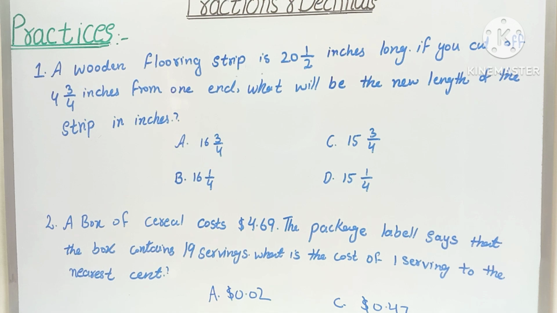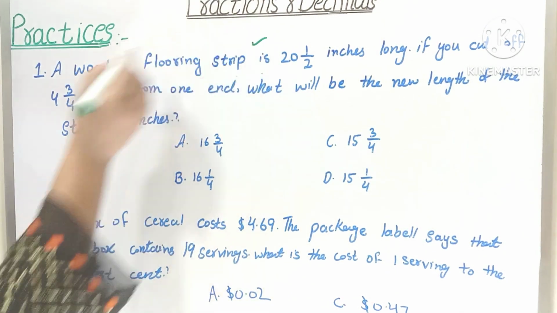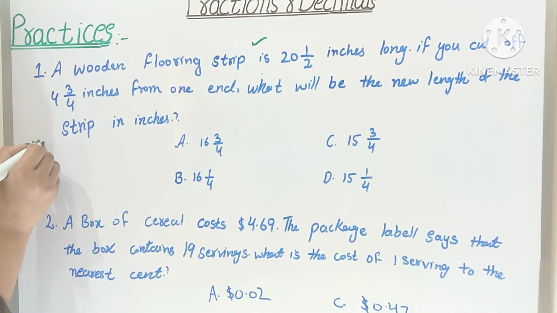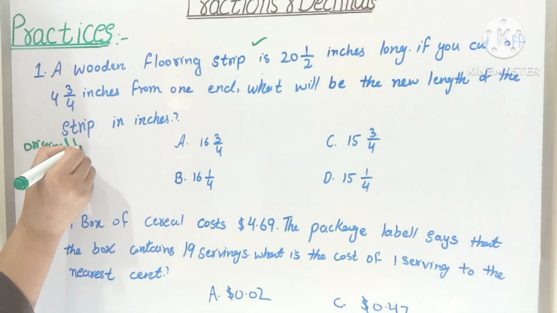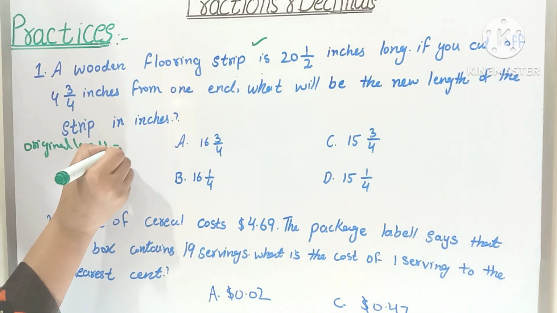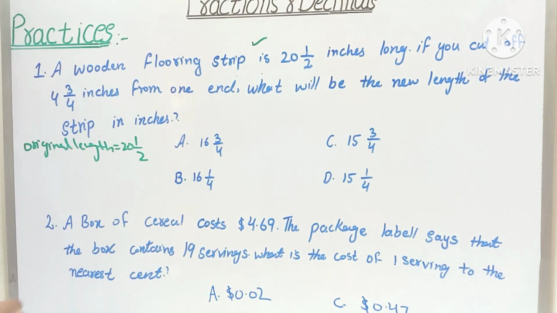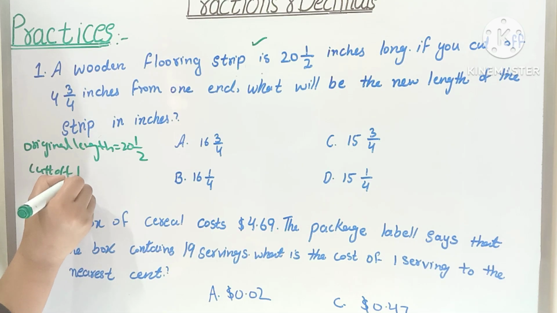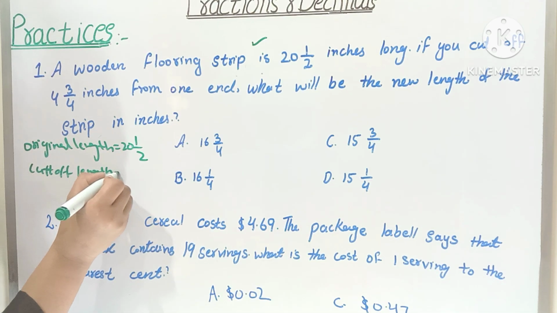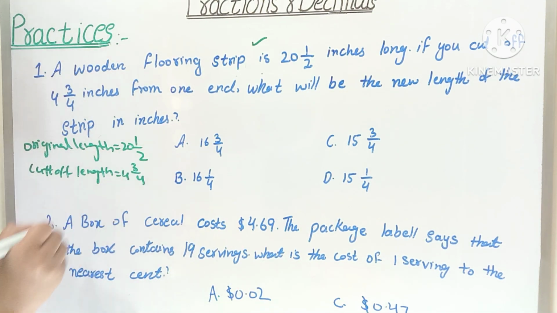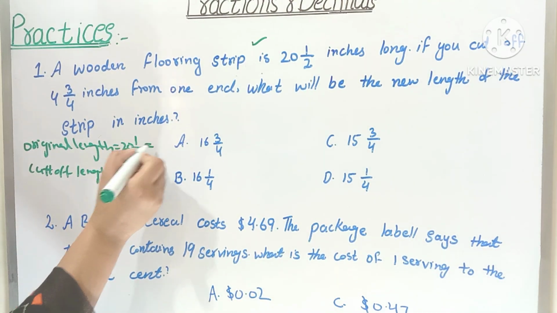There is the original length, which is 21/2, and the cut off length is 3/4. Firstly, these are mixed numbers. We convert them into fractions.